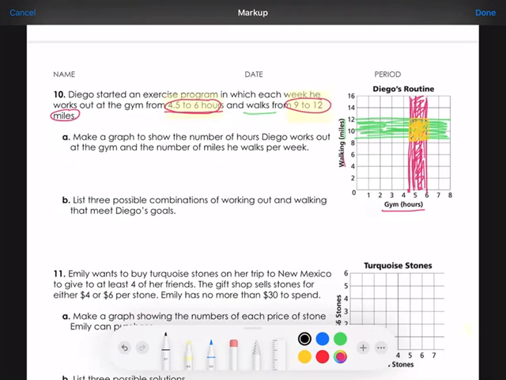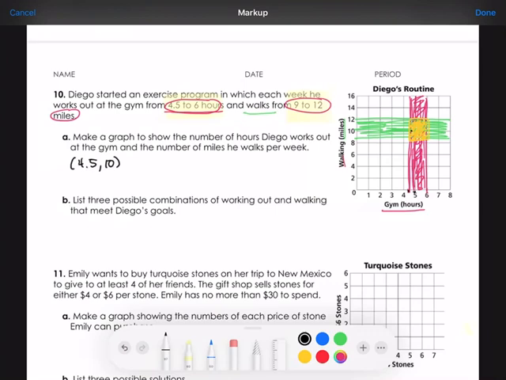So in answering this question, you just want to pick 3 points that are within that range. There are tons of answers you could pick, but I could go ahead and pick 4.5 hours at the gym and 10 miles. So I could put that as a point, 4.5 comma 10. He goes to the gym for 4.5 hours and walks 10 miles. That is in his good zone.